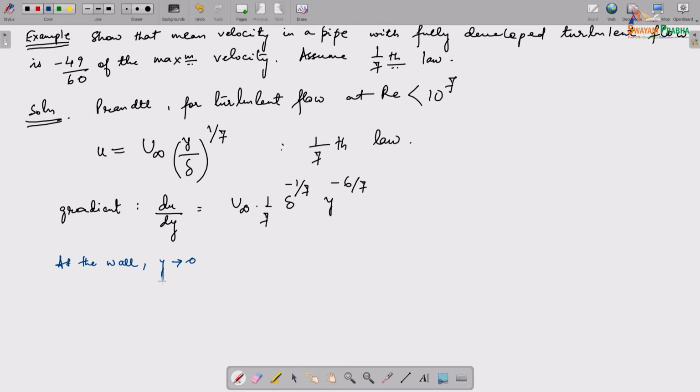So at the wall, if we take this gradient the way we have written it here, according to the 1/7 law, then at the wall where y is 0, du/dy seems to become infinite, and this cannot be true. So, this has to be wrong.